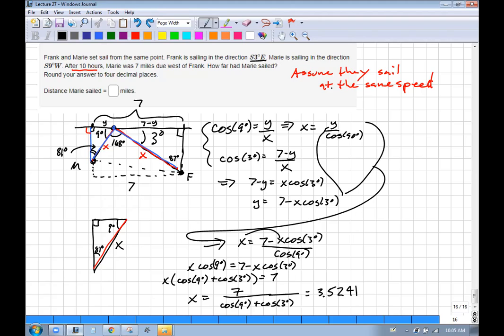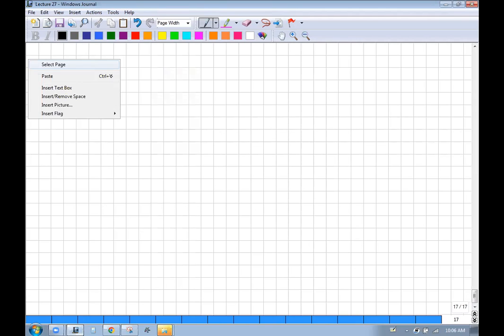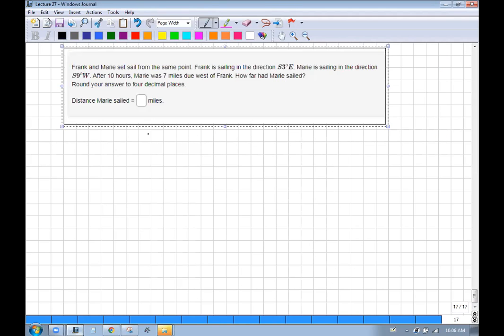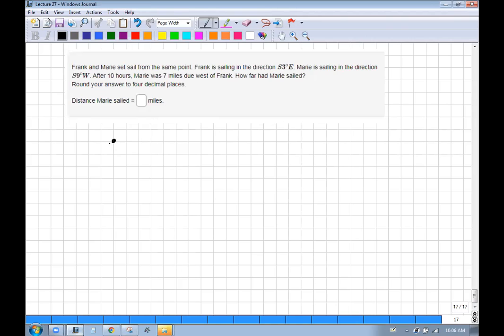Right, so I guess we can't assume that. If we can't assume that, then these are different values. I don't know. Let's try drawing another picture here. So they start somewhere.